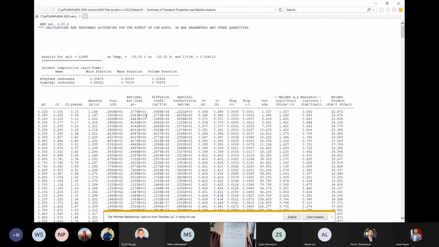And all these things for typical electrolytes are very, very trustworthy, as I'll show you in the coming slides, okay? And this is one. This is called report 5 that we've opened up.